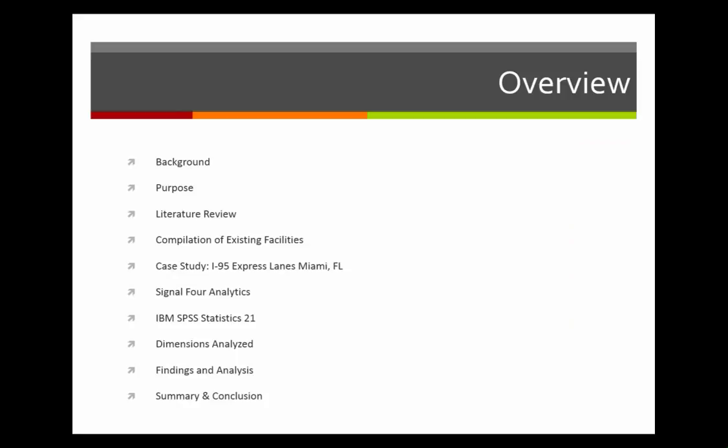And then I delved into a case study, specifically with I-95 Express in Miami, Florida, and everything after that is the software, the data analysis and the findings from the data that I analyzed specifically for the express lanes in Miami. Then I'll go over all the dimensions that I analyzed and show you some graphs and charts. And then I'll go through my findings and analysis, and finally a summary to tie it all together and some conclusions that I found.